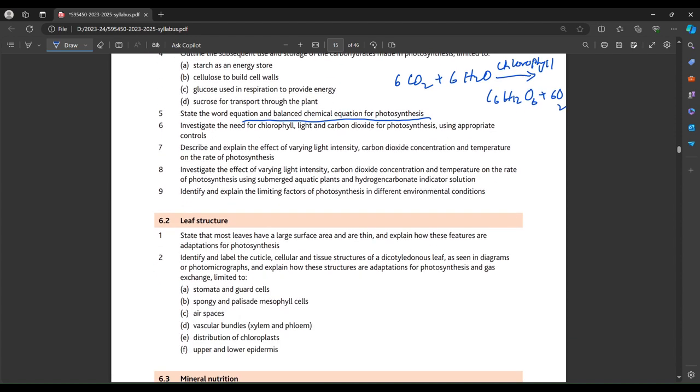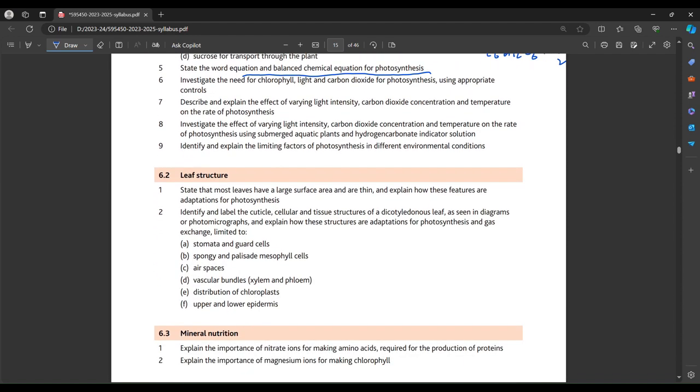Okay. Effect of varying light intensity, carbon dioxide concentration and temperature on the rate of photosynthesis. I'm just telling you about the limiting factor, with one example. If we increase the light intensity by keeping the other factors, temperature and carbon dioxide concentration, constant, the rate of photosynthesis will also increase up to a certain extent.